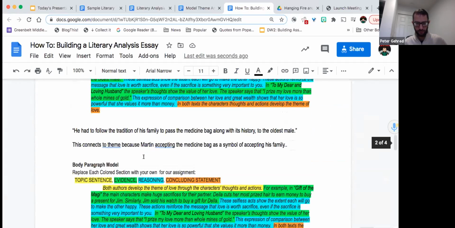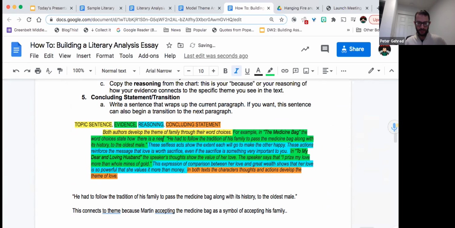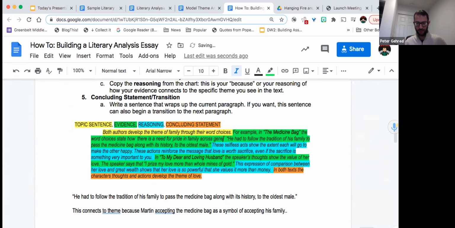Those are what we're looking to build towards: there is a need for pride in family across generations, or you could say from grandfather to grandson or grandchild. And so we'll just take this out.